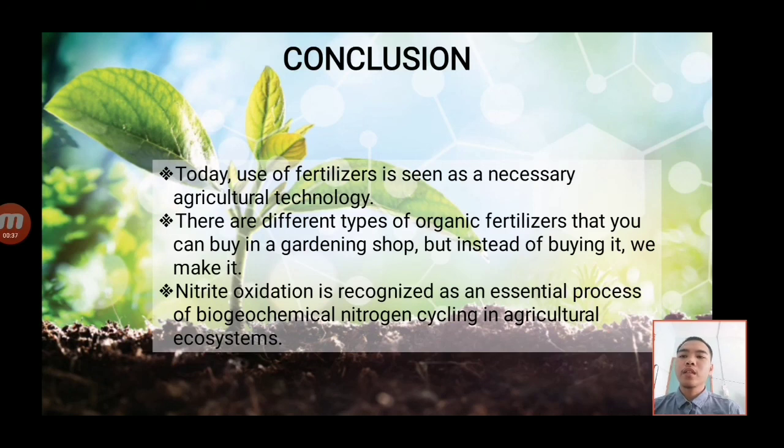Nitrate oxidation is recognized as an essential process of biogeochemical nitrogen cycling in agricultural ecosystems.